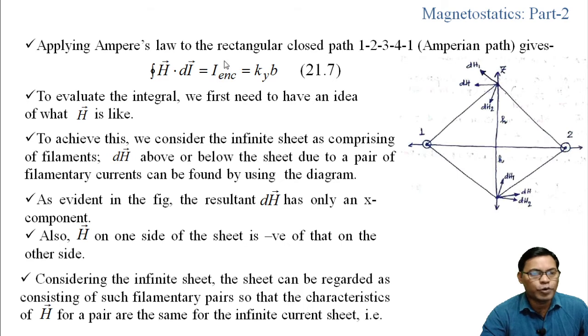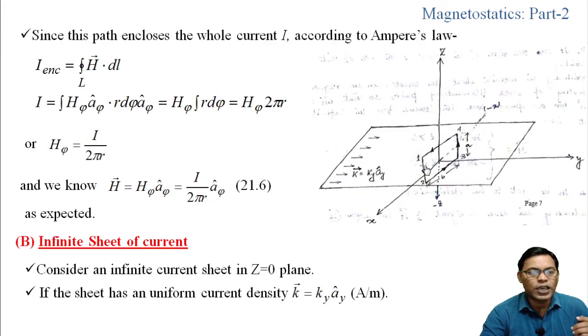First we have to calculate I enclosed, the current enclosed by the Amperian path 1 2 3 4 1. Here the current density is K and this distance is B.